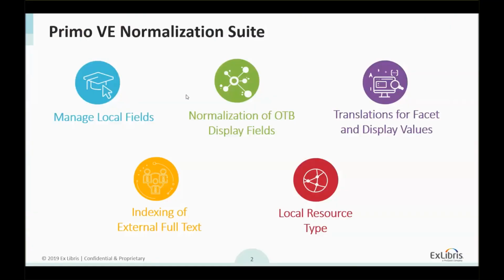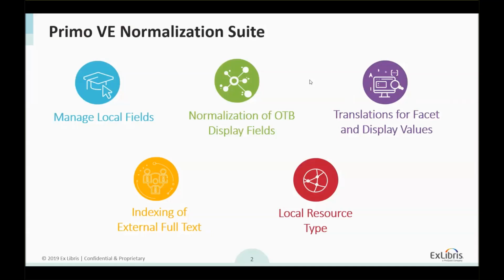So what will we cover in this session? We will start with managing local fields, the ability to create local fields for various options. We will talk about the normalization of out-of-the-box display fields.